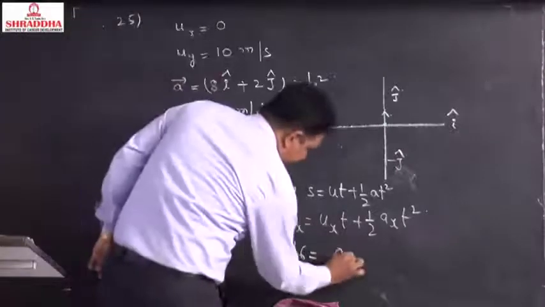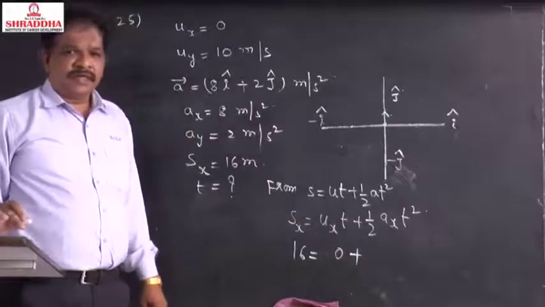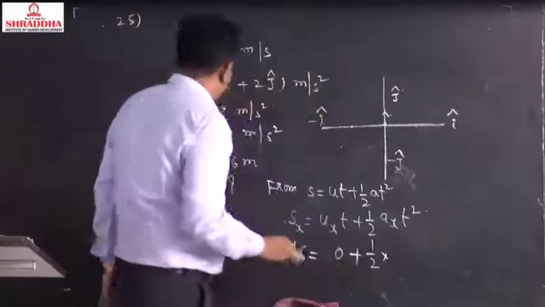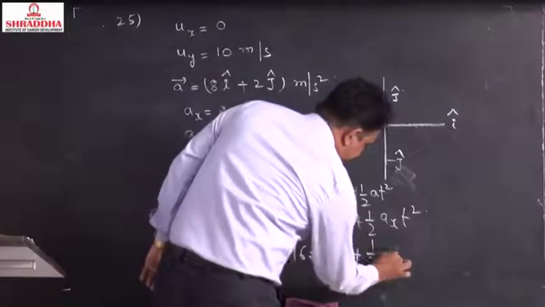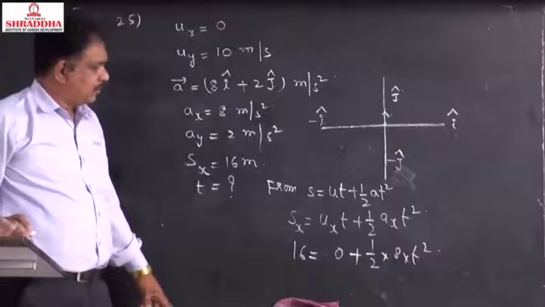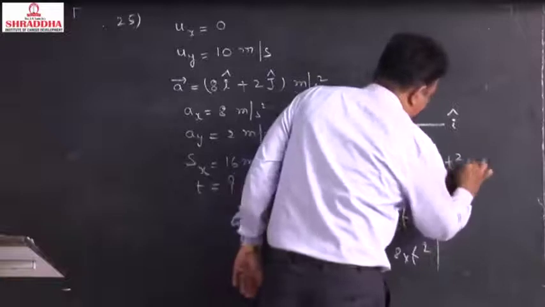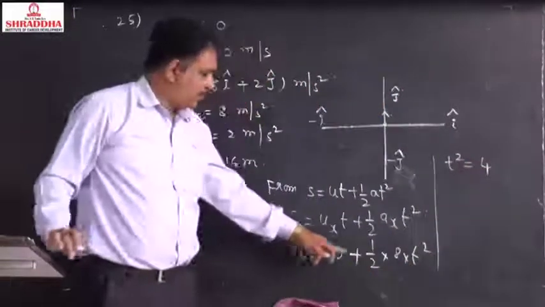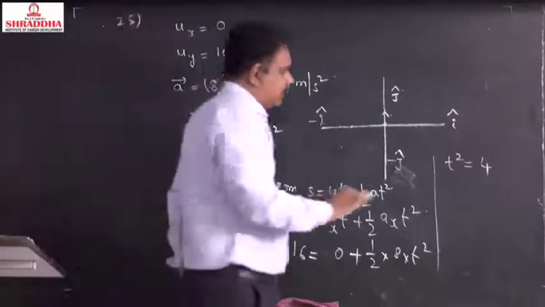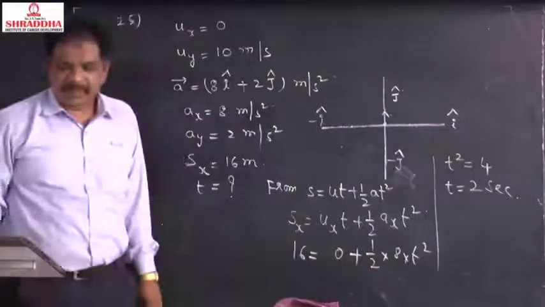So this 0 into t value, if we substitute also, we will get it as 0. 1 by 2, ax value we get it as 8, into t square. So t square is equal to 4, 2 4s will cancel, 4 4s will cancel. T square is equal to 4. T is equal to 2 seconds.